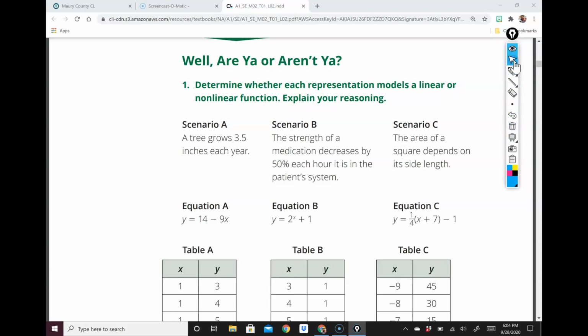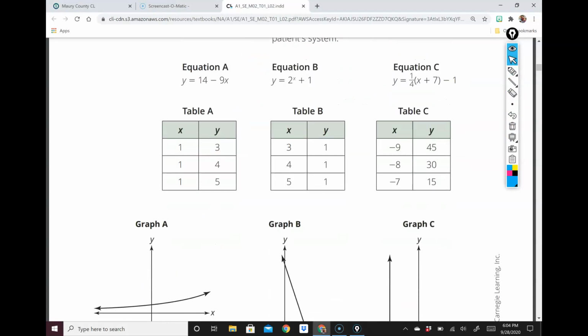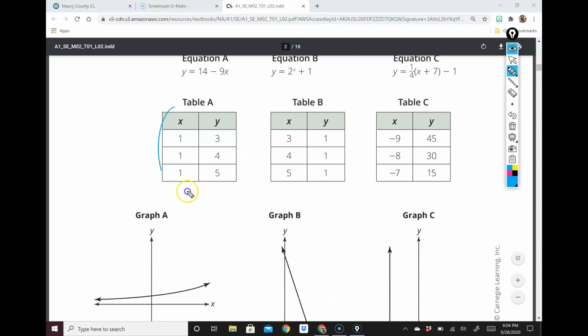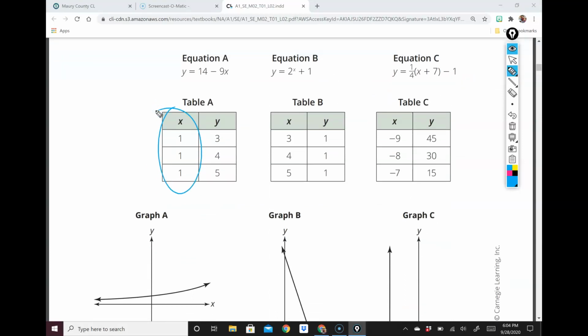So if I go back and look at table A, I'm seeing that this is not even a function. Table B, it is a function, and we need to determine if it's linear or not.